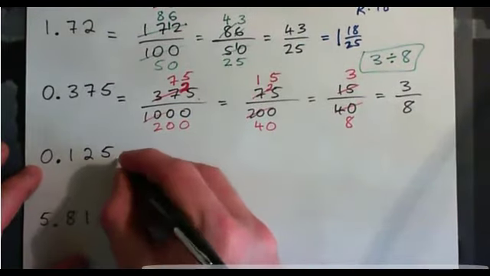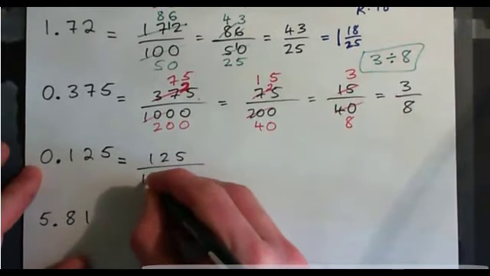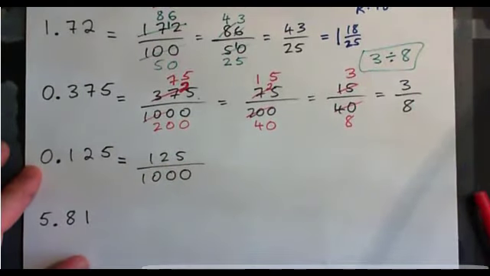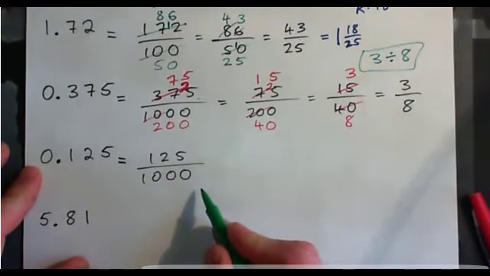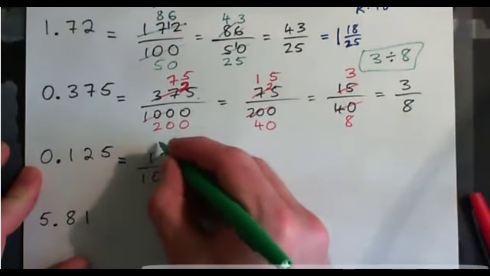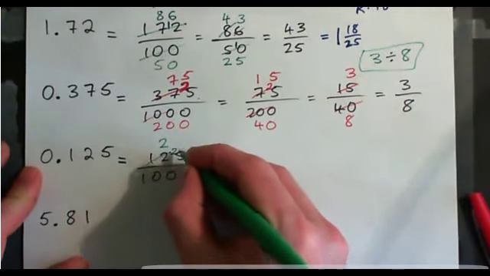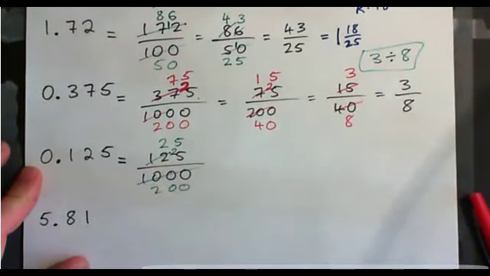Okay, now I'm going to do it. This is 125 thousandths. Okay? Now I need to put the fraction in lowest terms. 5 into 12 goes twice, remainder 2. 5 into 25 goes 5 times. And then 5 into this gives me 200.